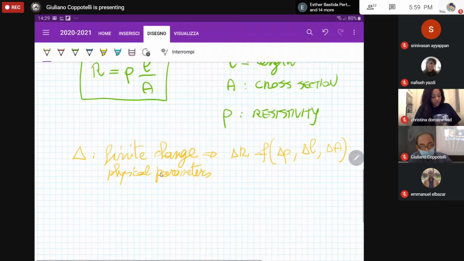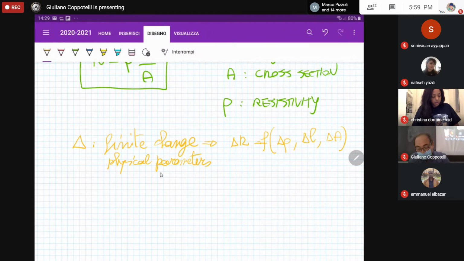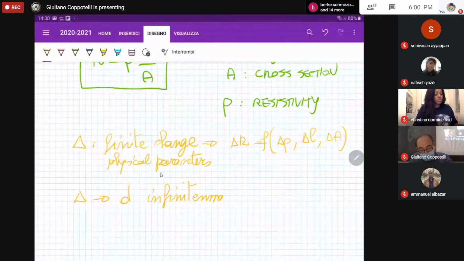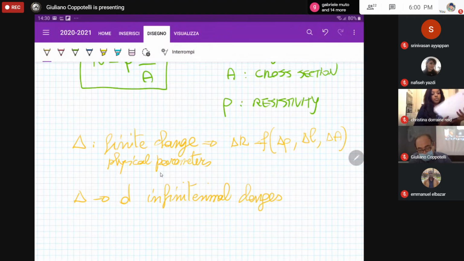Now, let's assume that because of the physical quantity that we want to measure, that is, because the strain is generally very, very small, microstrain is my reference value, we can assume that from finite changes we are moving to very small infinitesimal changes.